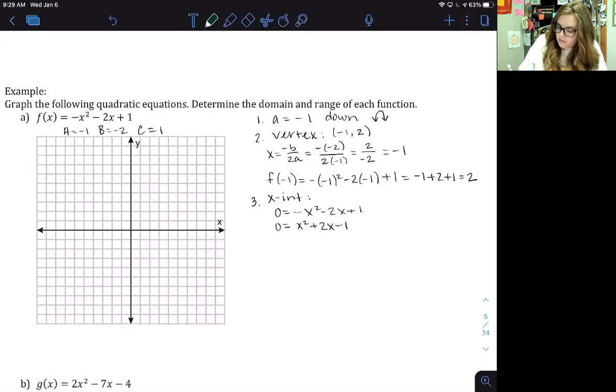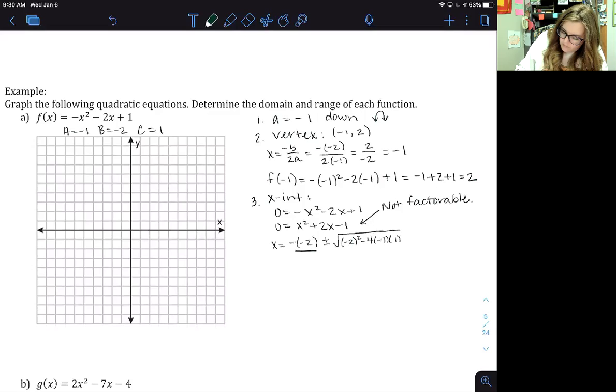So we can't factor it. So now we're going to have to use quadratic formula. So x equals negative 2 plus or minus the square root of -2 squared minus 4 times -1 times 1, all divided by 2 times -1.